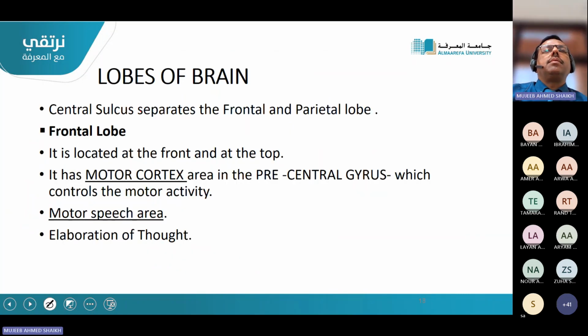So the central sulcus is separating the frontal from the parietal lobe, and the frontal lobe, which is located in front and at the top, consists of an area we call the motor cortex. If you remember, this is the central sulcus, so this area is called the motor cortex.